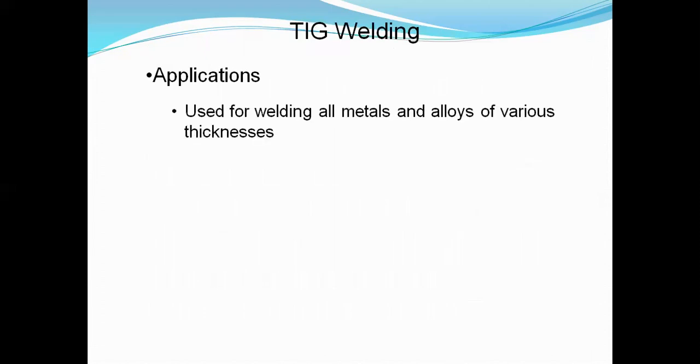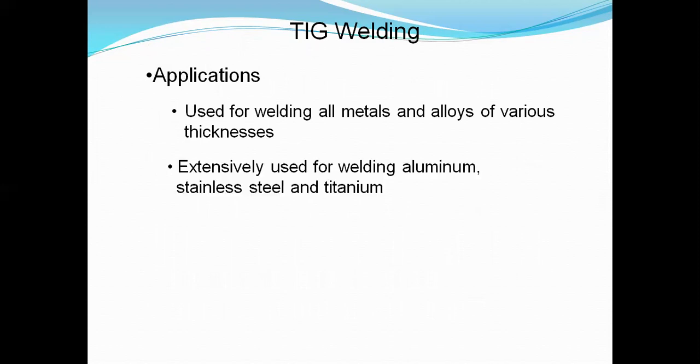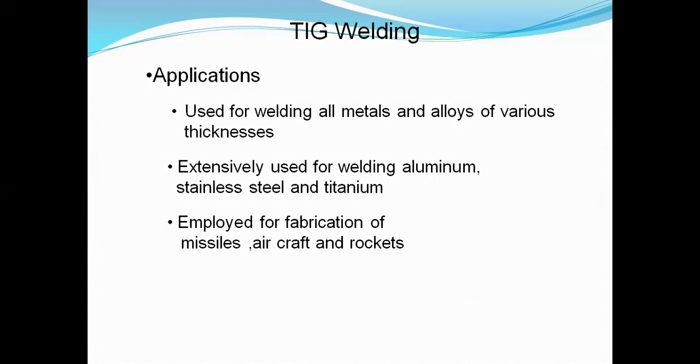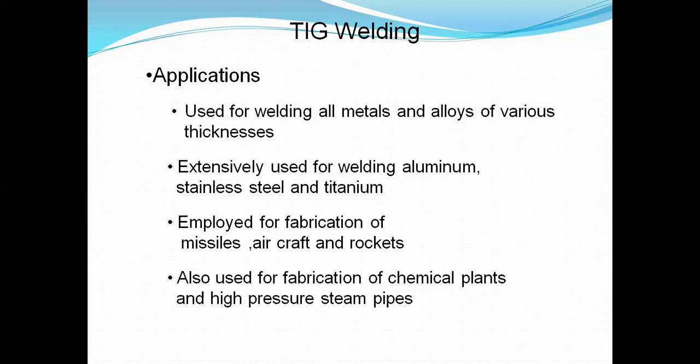Okay, and applications. TIG welding is used for welding all metals and alloys of various thicknesses. Extensively used for welding aluminum, stainless steel and titanium. It is employed for fabrication of missiles, aircraft and rockets.